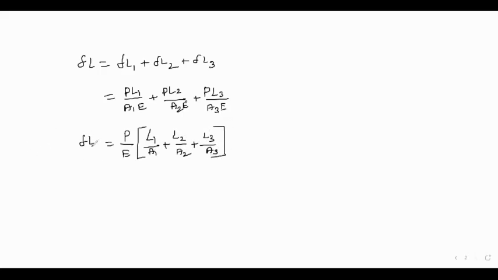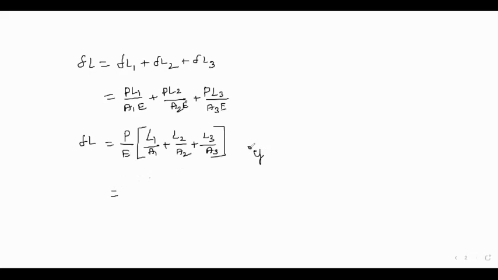So this is your expression for the total change in length of a bar. Del L is given as P by E into L1 by A1 plus L2 by A2 plus L3 by A3.